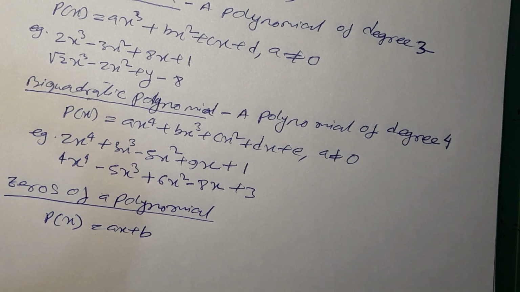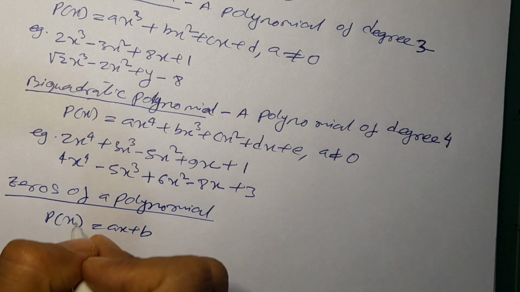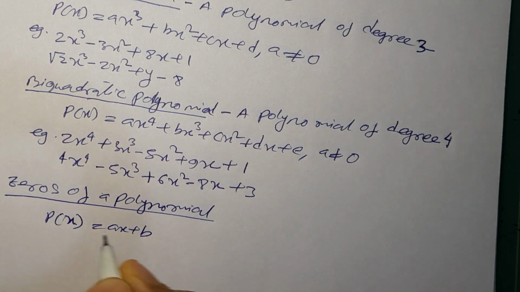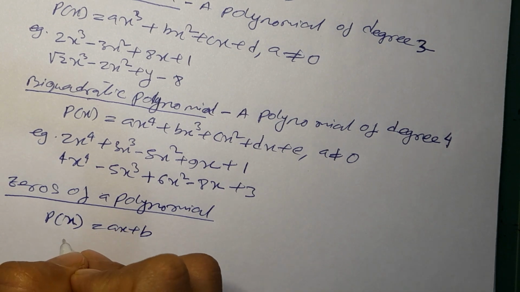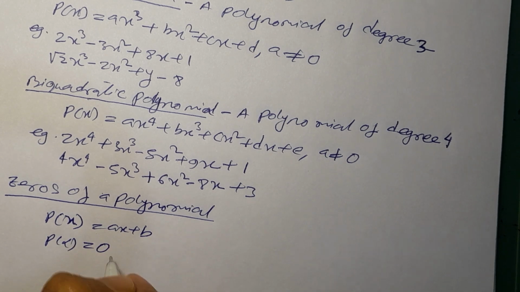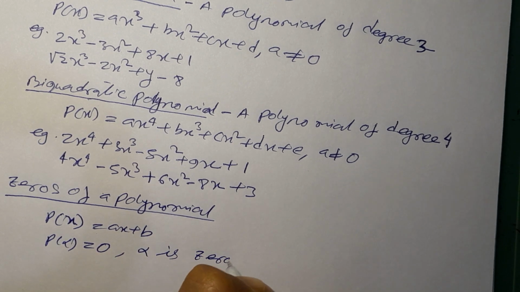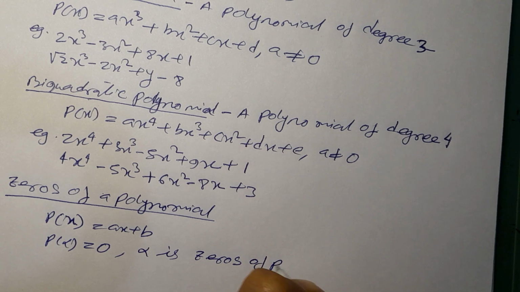When you put a value instead of x, let's say alpha, when p of alpha equal to 0, then alpha is a zero of the polynomial.